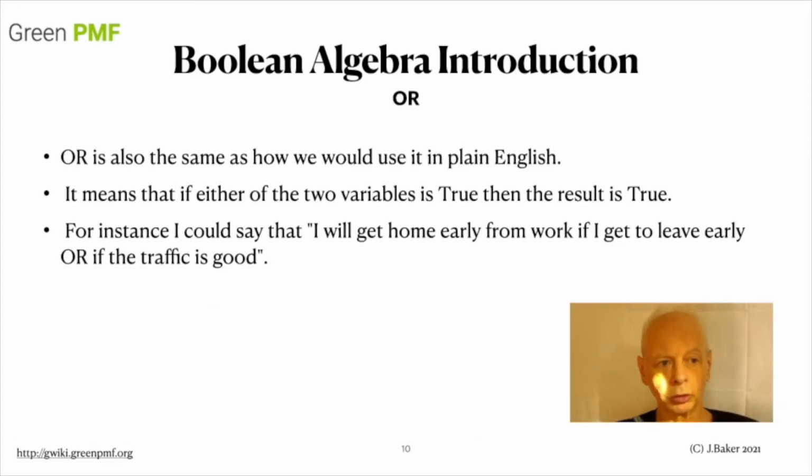Now with OR, again, it's what you would expect from the English meaning. It means if either of the two variables are true, then the result is true. So for example, I'll get home from work early either if I leave early or if the traffic is good.